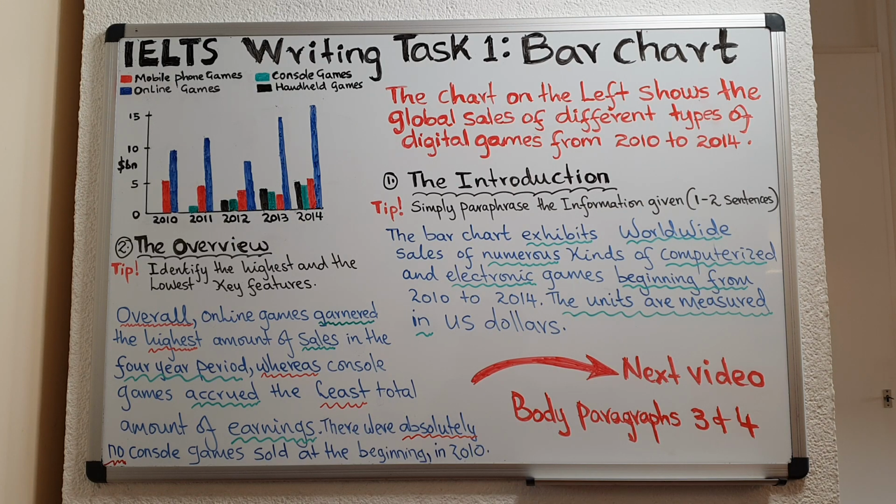Whereas. So overall, online games garnered the highest amount of sales in the 4-year period, whereas console games, if you look at green, it has the least, whereas console games accrued the least total amount of earnings.